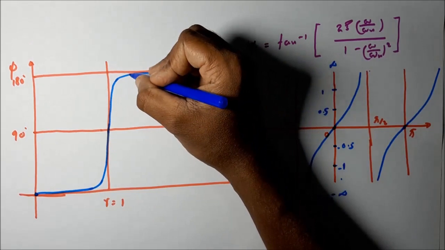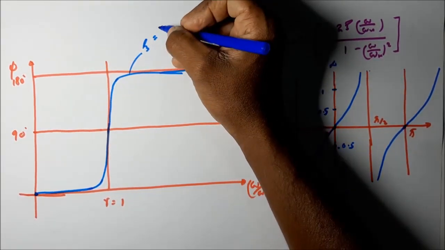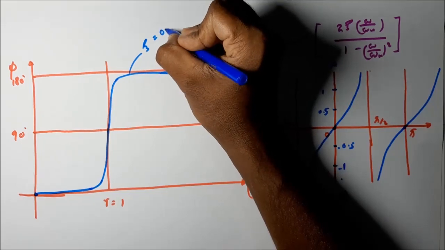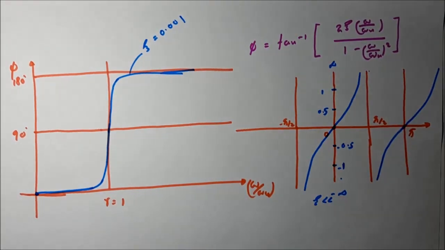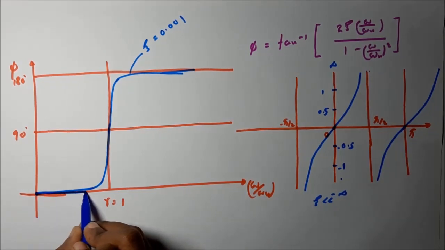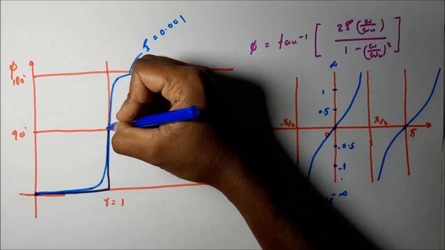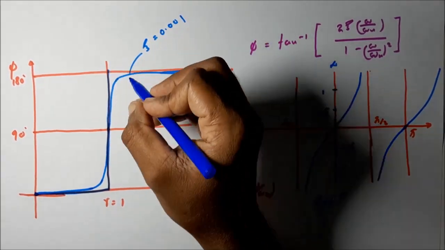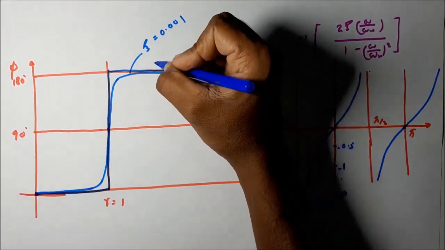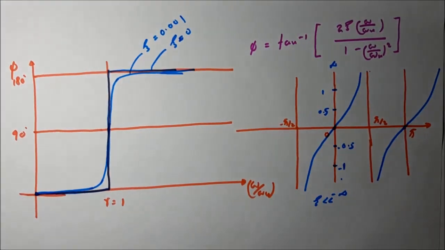Okay, that means theta is equal to something like 0.001. Then this graph is representing the theta equal to 0 situation. Then this is the theta very small situation.